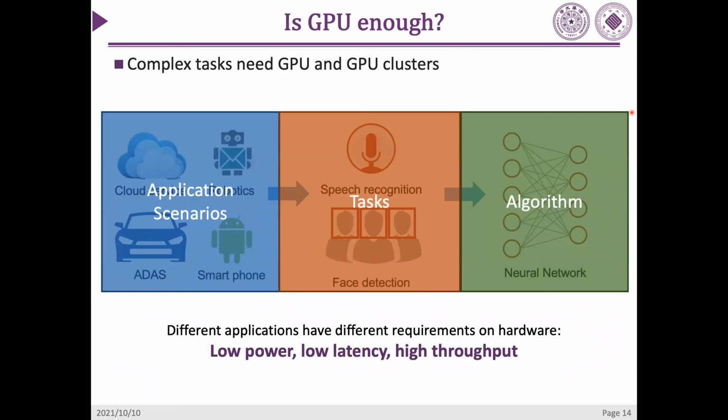So, however, GPU is not the only solution because different applications often have different requirements. We can see for different application scenarios, we may need low power or low latency or high throughput. So they really require different hardware supports.